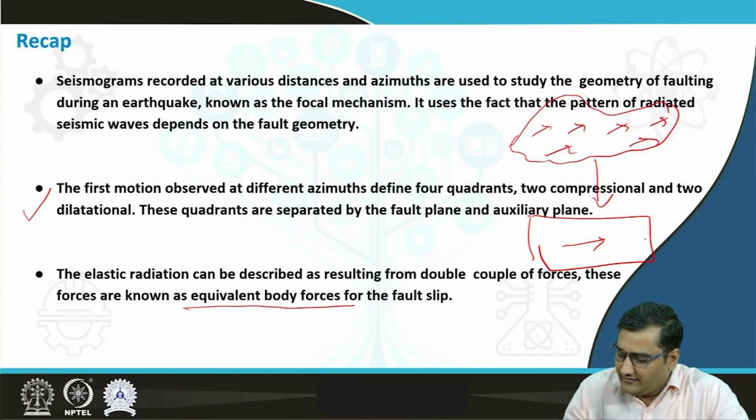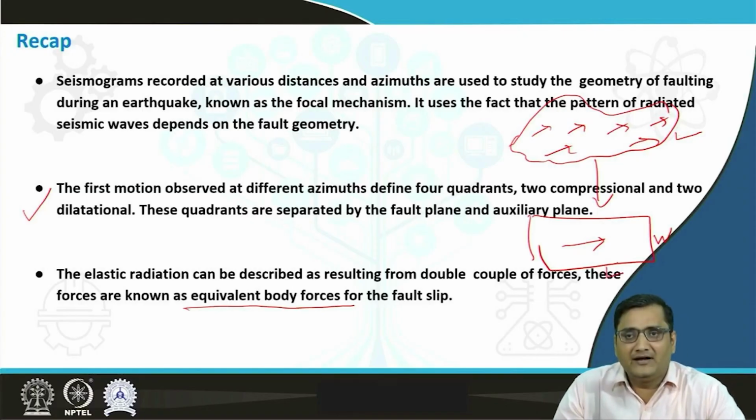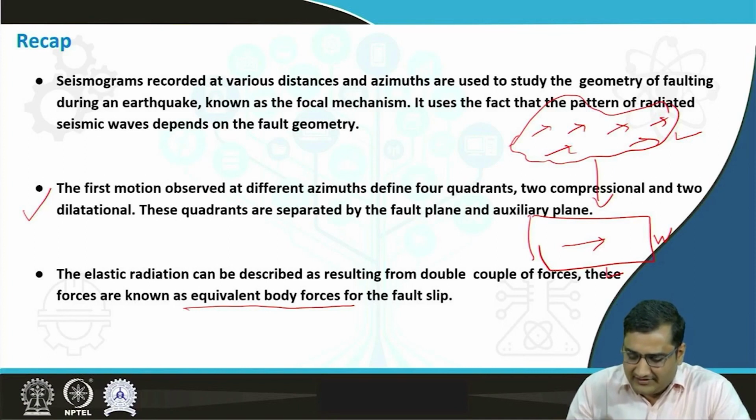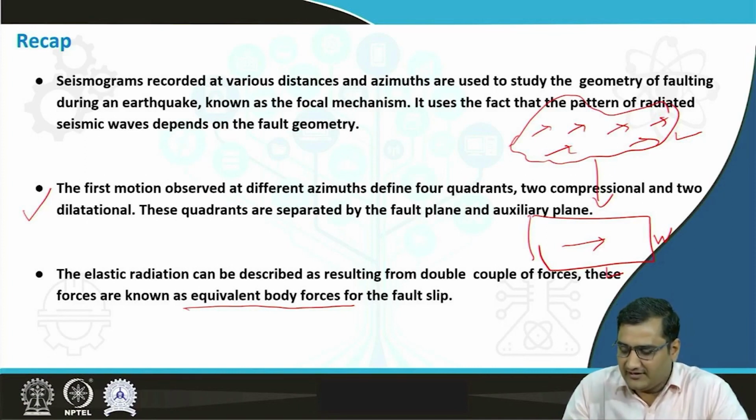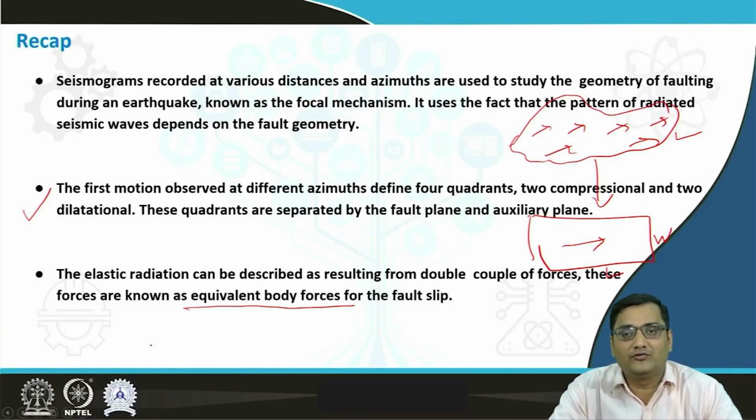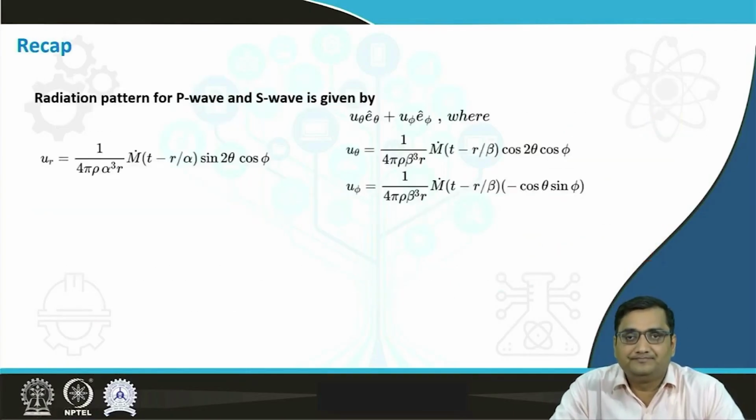Then we can define its equivalent area, having the width W and the length L, and define the forces that are equivalent to all the forces acting on this irregular shaped body. So the elastic radiations can be described as resulting from the double couple of forces. These forces are known as equivalent body forces for the fault slip.